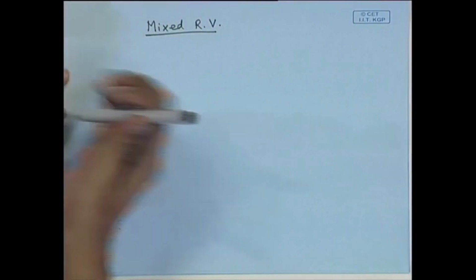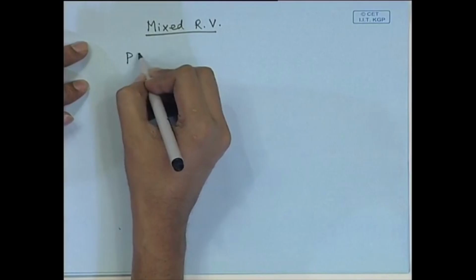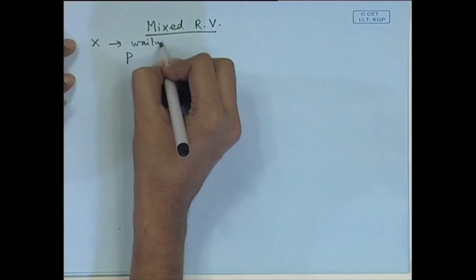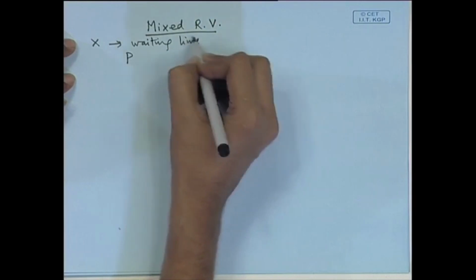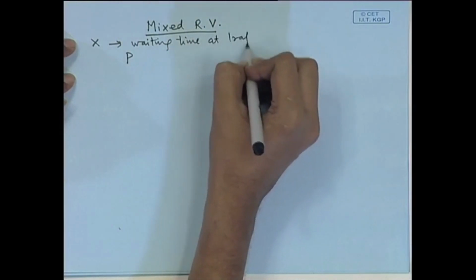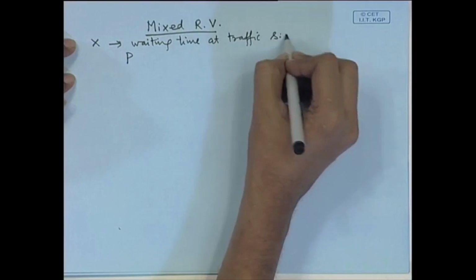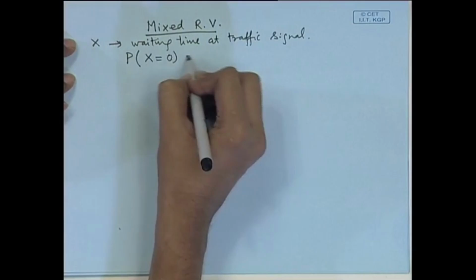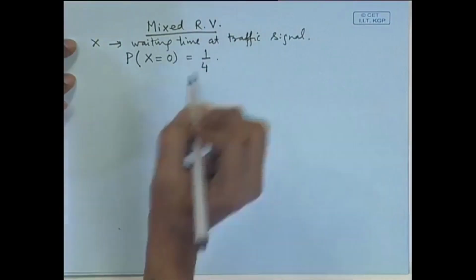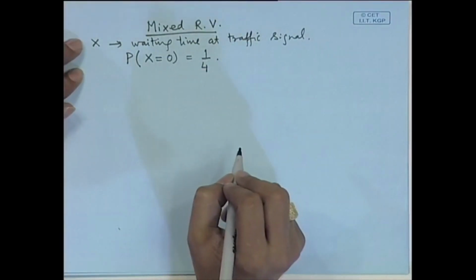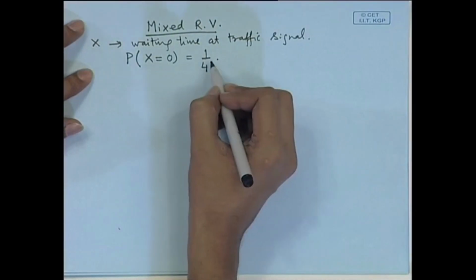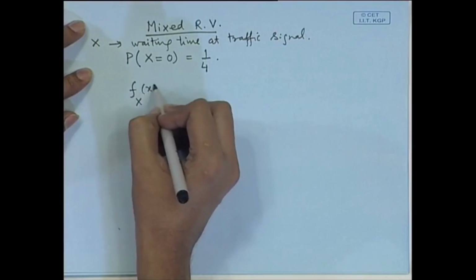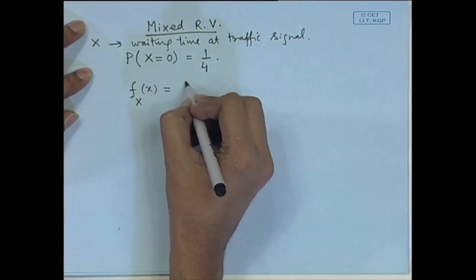In other words, if I say x denotes the waiting time at the traffic signal, it may happen that the probability that x equals 0 is say 1 by 4. That means, 25% of the time he is able to go without waiting. On the other hand, if he has to wait, then it is a continuous distribution.